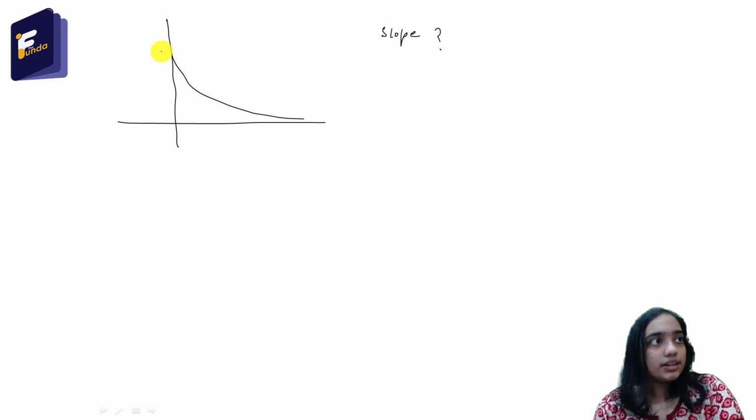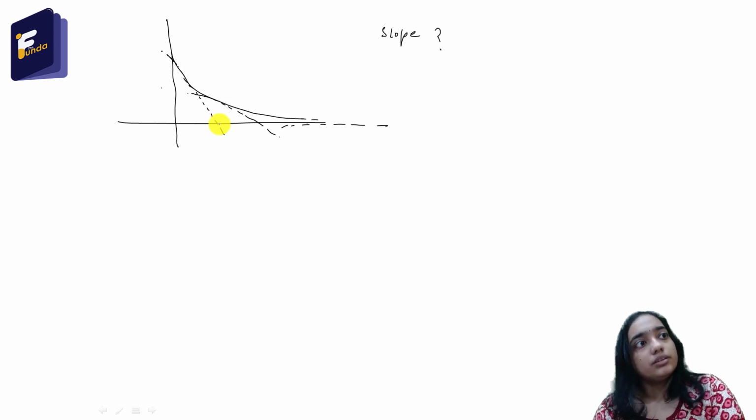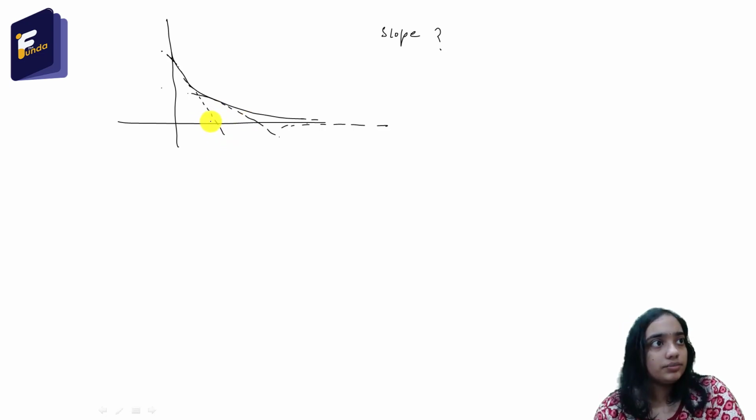So you can see that initially the tangent is like this, and it is like this at another point, and finally it becomes horizontal. That means initially the angle was an obtuse angle, it was making this angle, and slowly the angle is increasing.